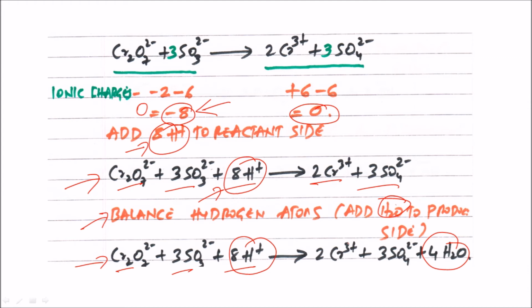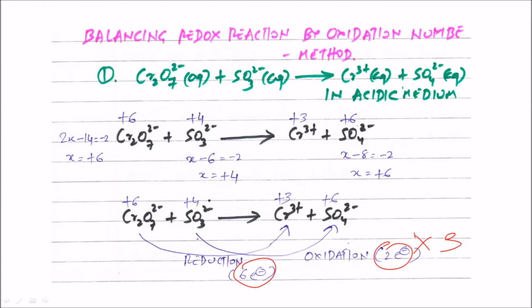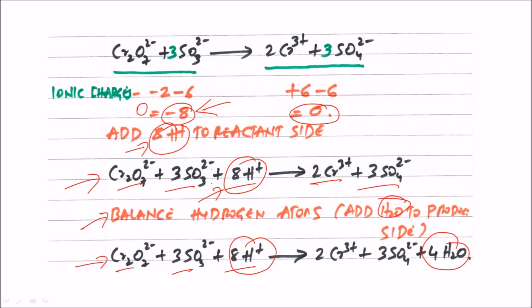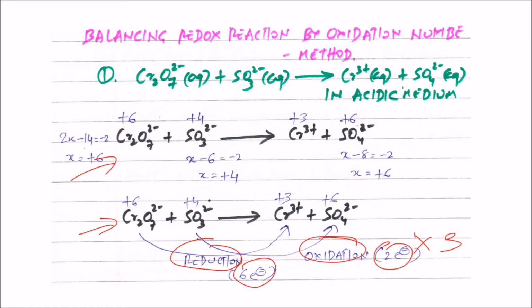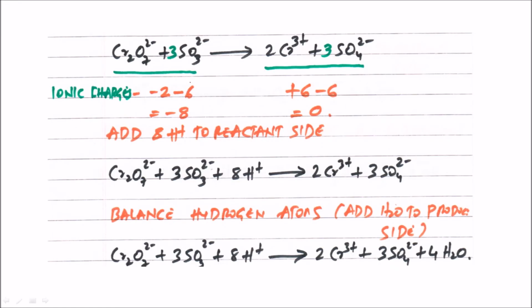Let me recap in brief what we have done. First step is we took the skeletal equation, then we wrote oxidation numbers. After writing oxidation numbers, we need to identify which one is oxidation and which one is reduction. Once you have done that, we need to balance the number of electrons.